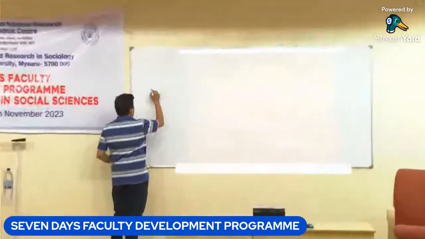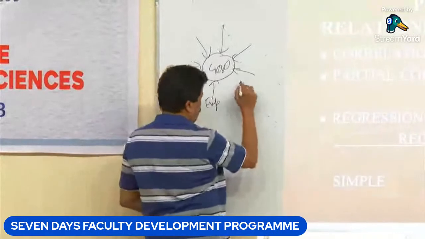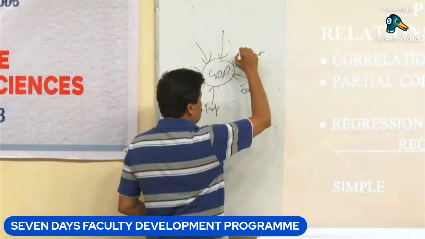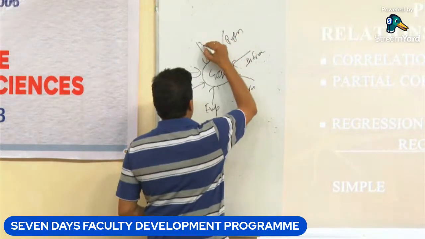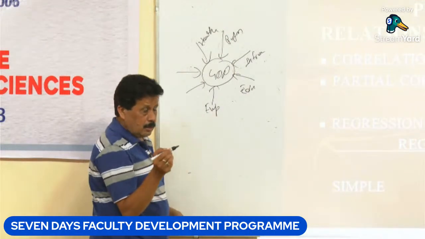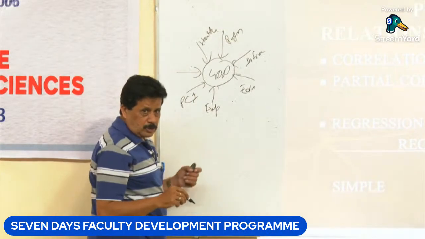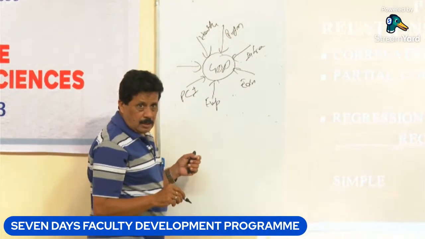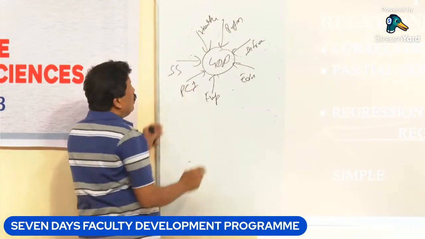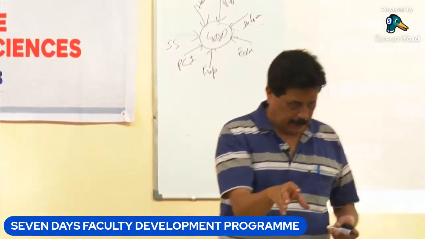Employment, education, infrastructure, population, health, PCI, social security. So you have several such variables and you regress on GDP.